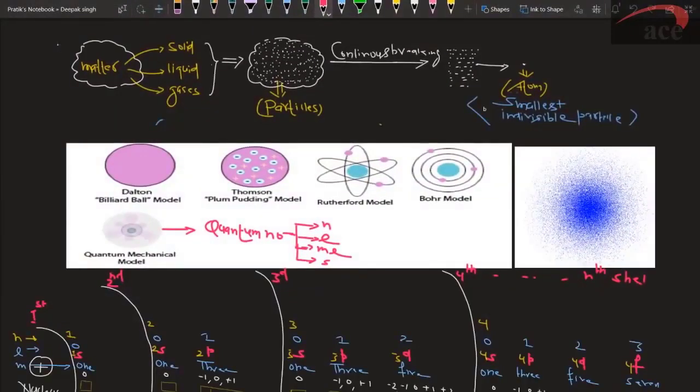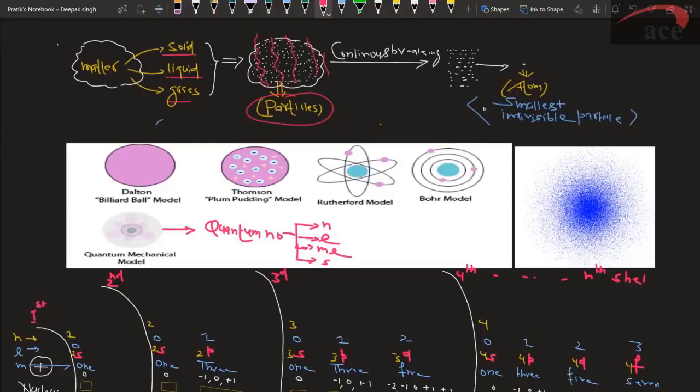So with the help of quantum numbers, we can understand the modern approach or modern structure of the atom. Overall, if you see how this story started, initially science told that matter, whether solid, liquid or gas, consists of a large number of particles, and if this matter is broken continuously, you will find small particles.